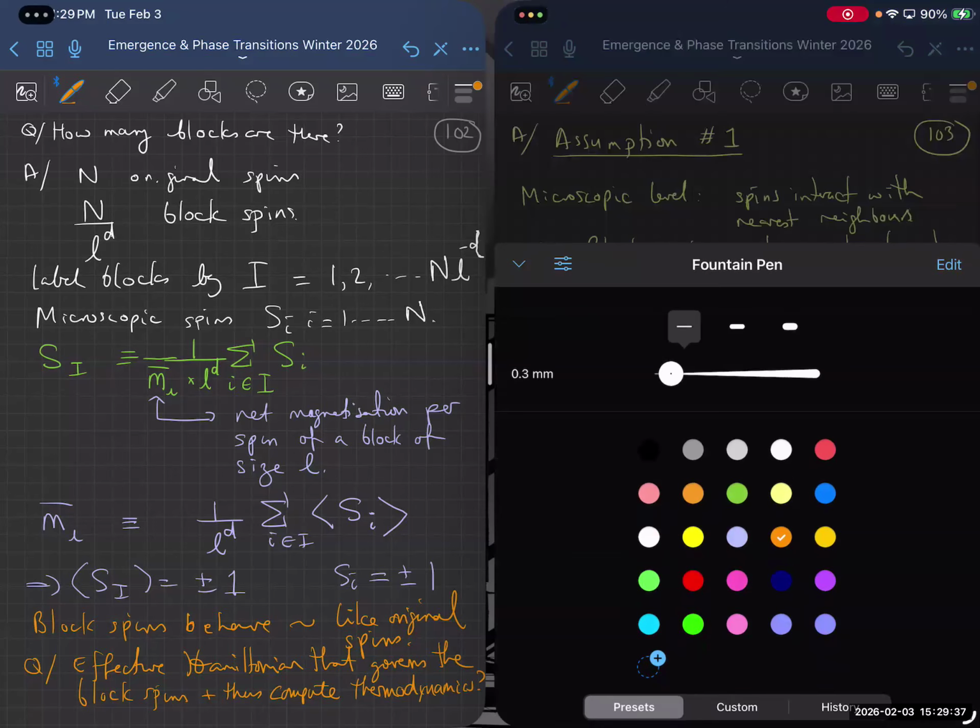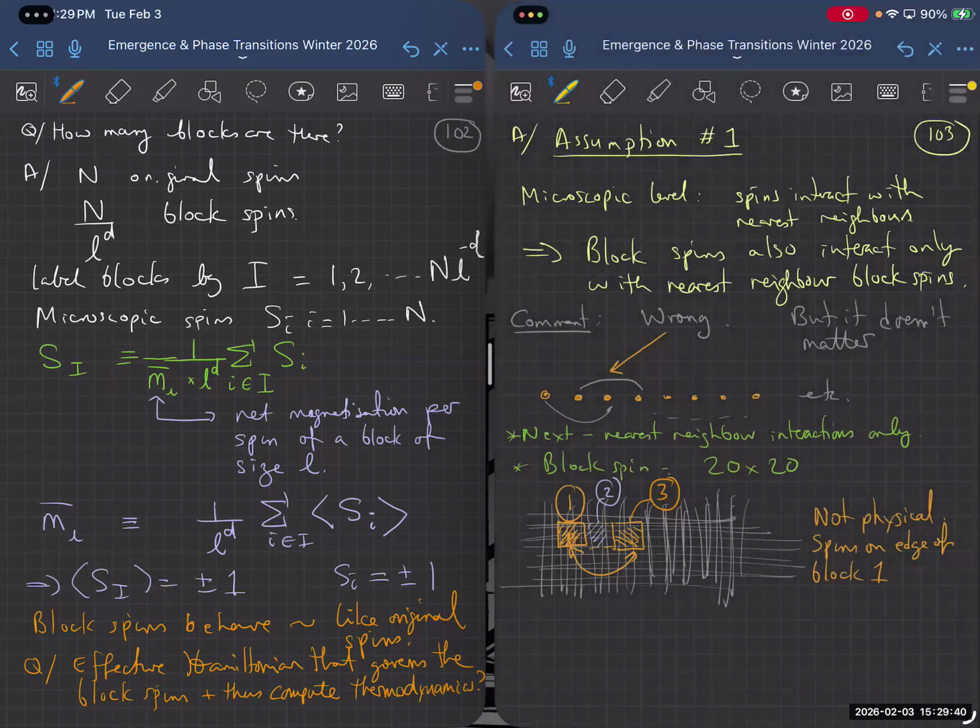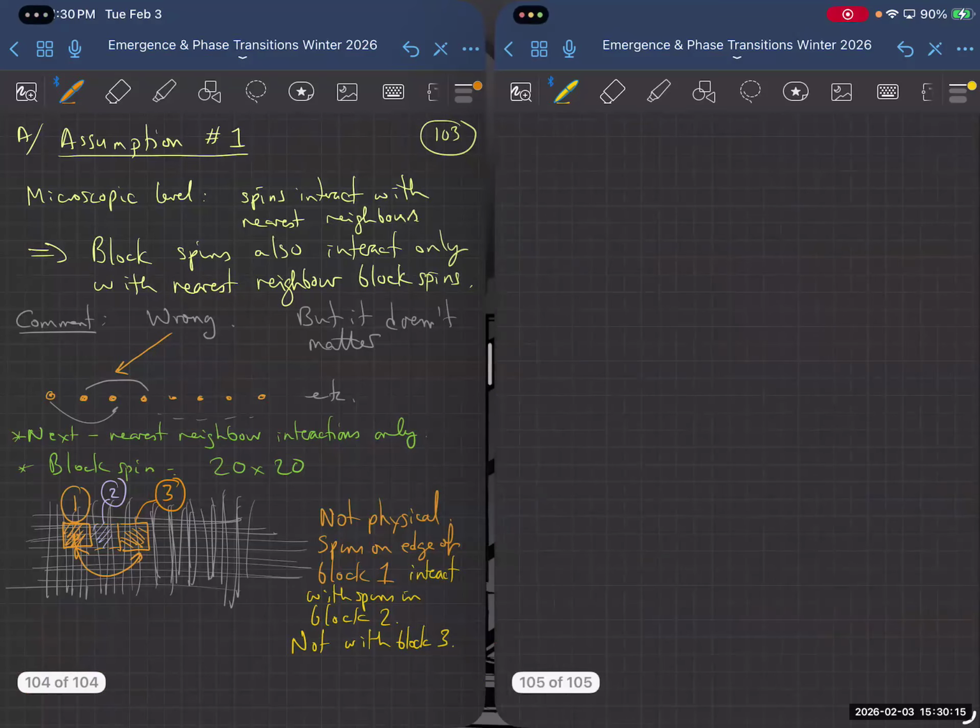So the spins on the edge of block 1 will interact with spins in block 2. They won't just interact with the ones in block 3. So you can see that this is not correct, and we'll calculate that later. It doesn't matter. That's the most amazing thing about this, that even though this assumption is wrong, it turns out not to matter. So that's assumption number 1.